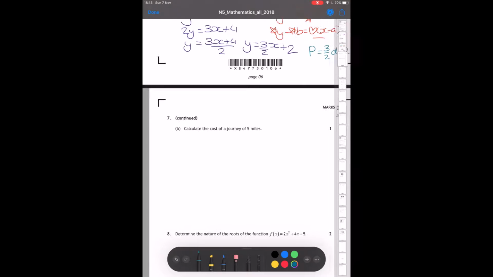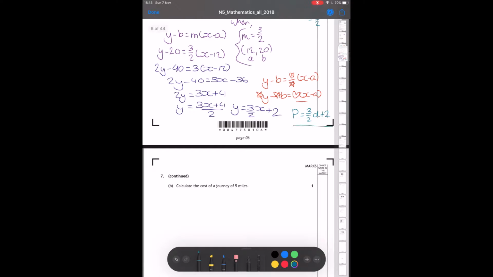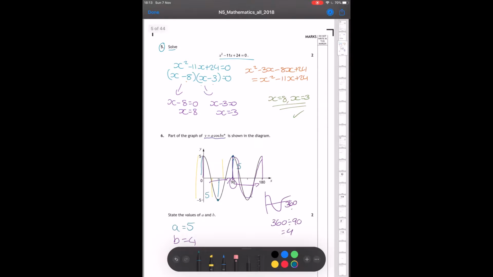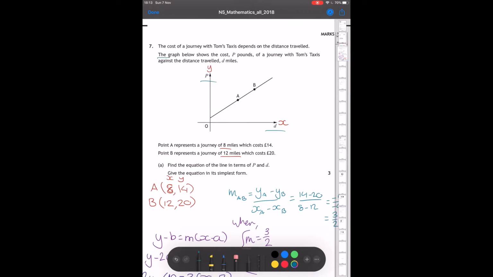Now, for this sort of thing, we know that we're going to need to use our little equation that we made up here. And you think, well, how do we know the cost? Well, we know the cost because the graph shows the cost P. So our P value is the cost.